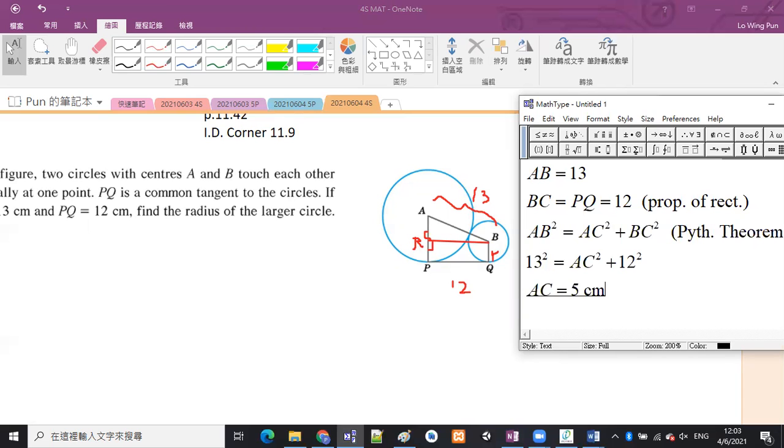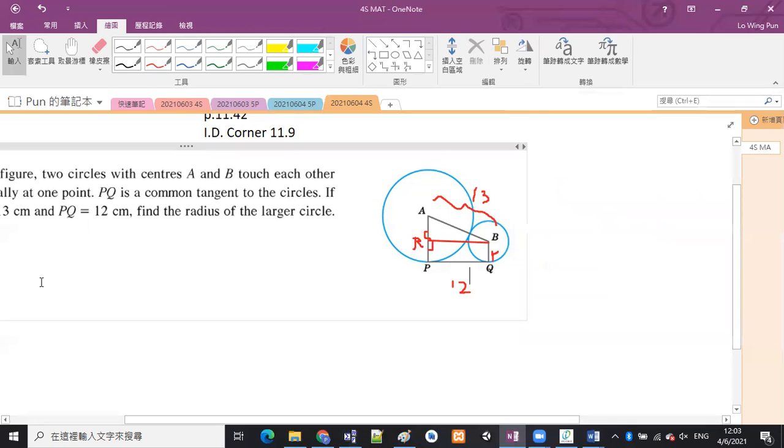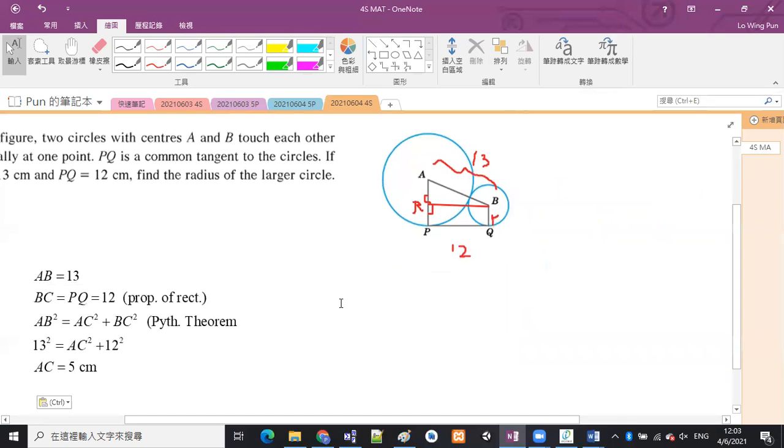Is it okay? So I just found that the length of AC is equal to 5 cm. This time, it is a little bit special because we do not know the larger radius and we do not know the smaller radius at the same time. So we have two unknowns here.